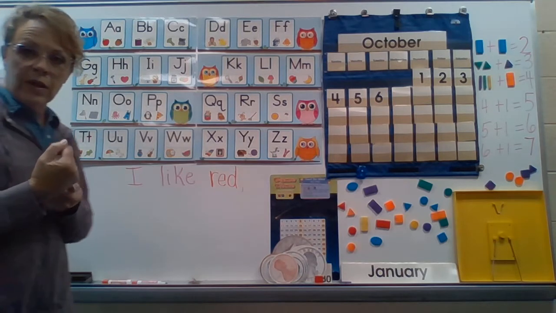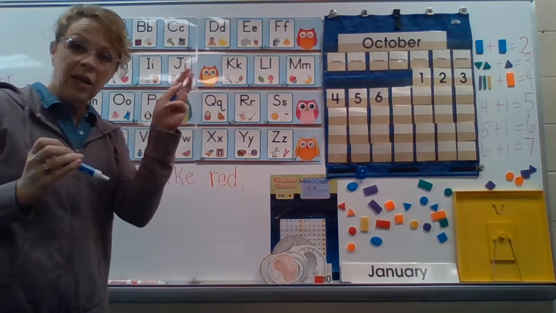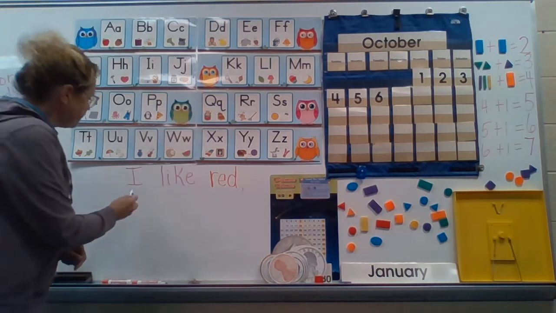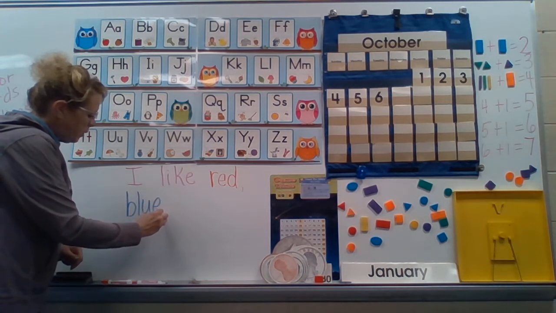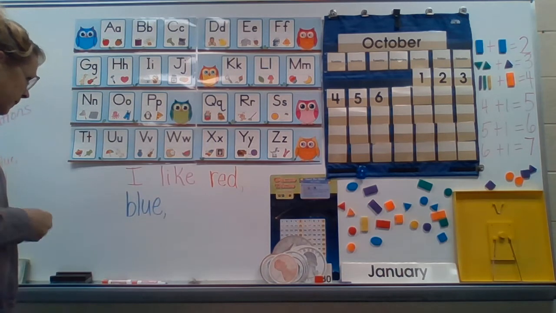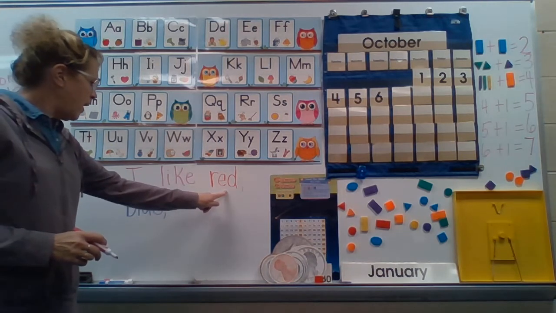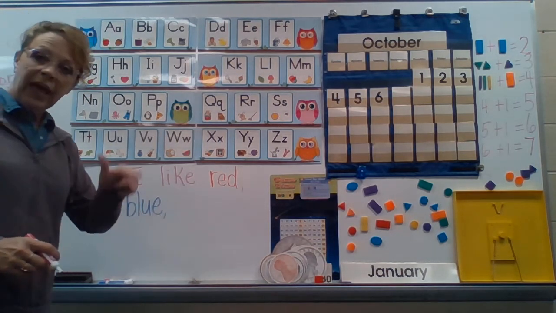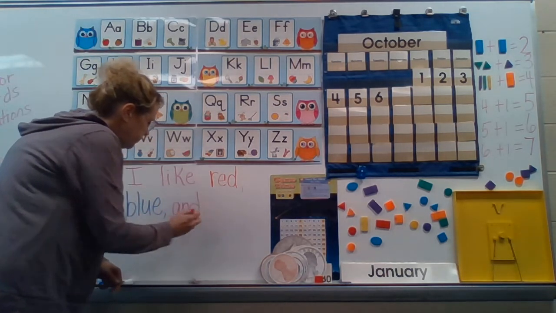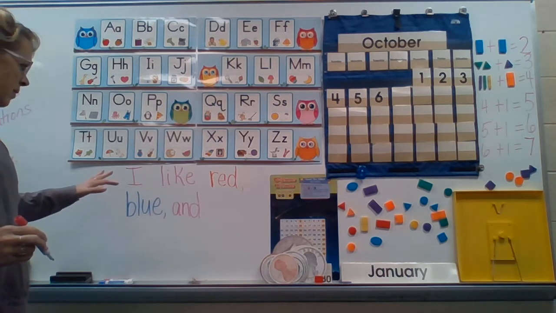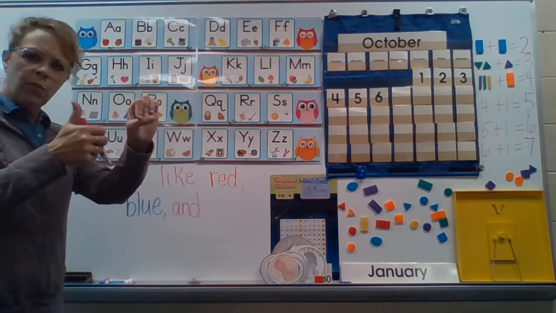The next color word is, I like red, blue. You hear the B at the beginning of blue? I like red, blue, and my last word was, let's see, I like red, blue, and I need one more, pink.